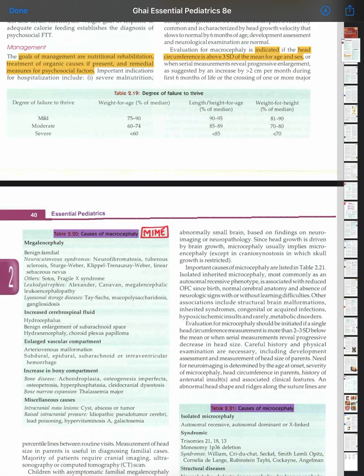I denotes increase in cerebrospinal fluid, increased bony compartment.